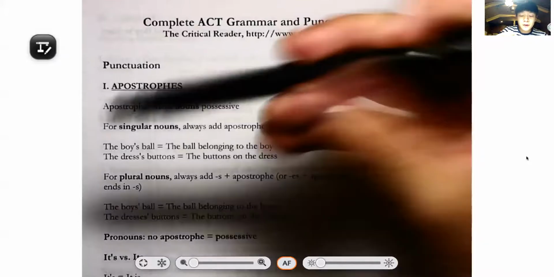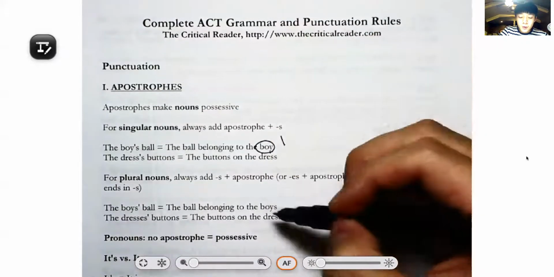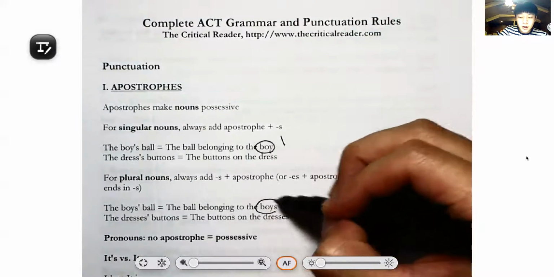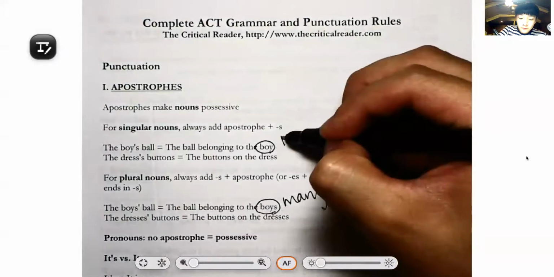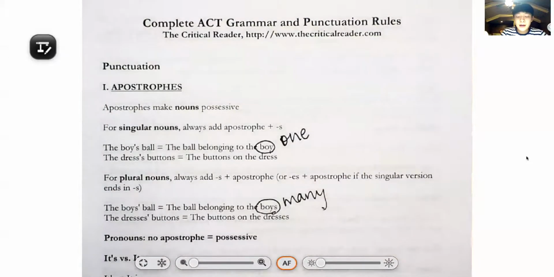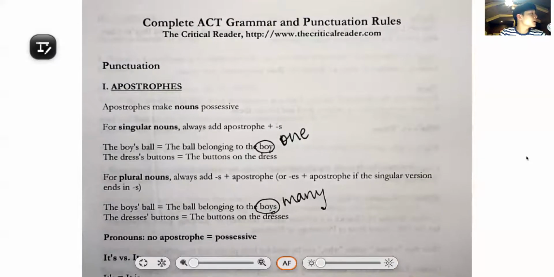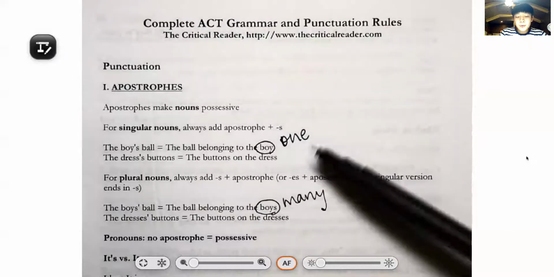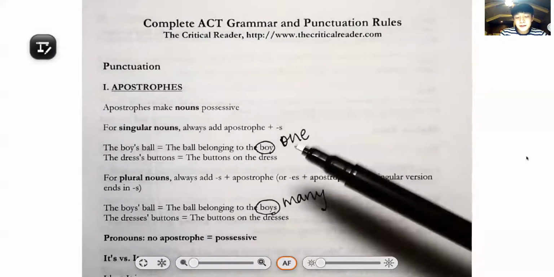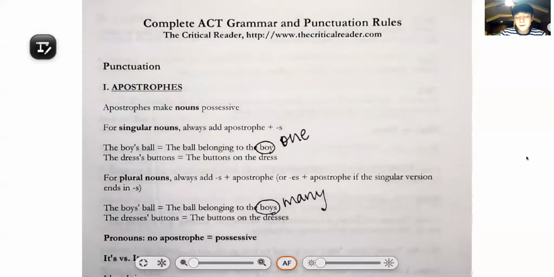This means this ball belongs to one boy, whereas this means this ball belongs to many boys, right? And I might post this annotated, depending on how many annotations I do. So just know that these apostrophes are very important for possessive nouns because if you have it after an S, that means it's many, whereas before an S is singular.